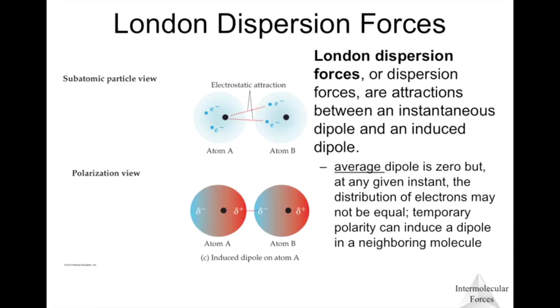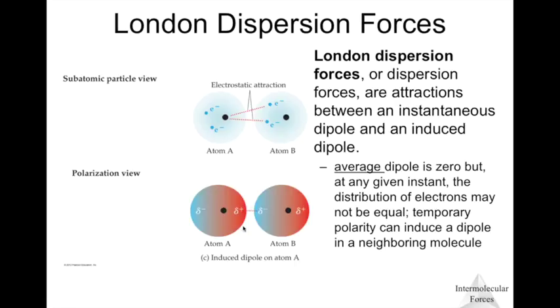So the London dispersion force is something that is created by an instantaneous and an induced dipole. Basically, if you've got an atom, generally these electrons want to be as far away from each other as possible. But occasionally, they could end up being close to each other, in which case this would then force those electrons to be farther away, and so you could end up with a partially positive end of this atom here and a partially negative end over here, and then you get some attraction.